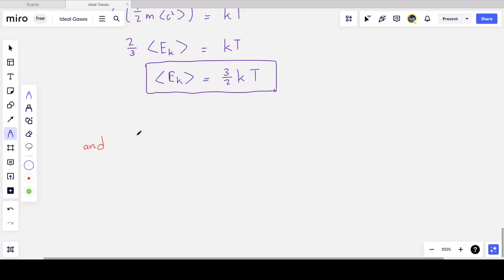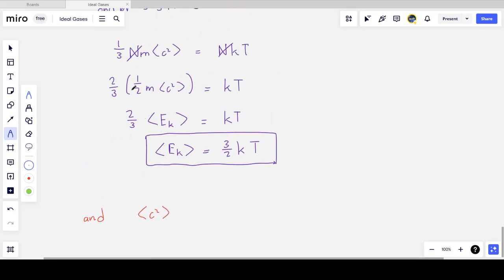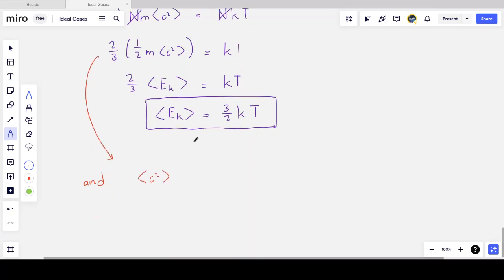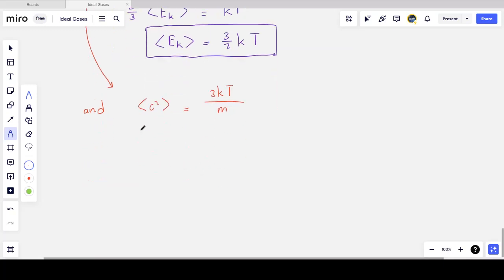Now we're not totally done there, because I can also go back to the equation for c squared. I can go back to the beginning, and I can say that c squared, the mean square speed, is 3kT over m. Okay, and why is this relevant?